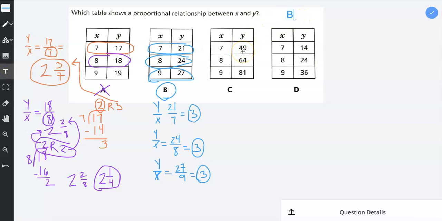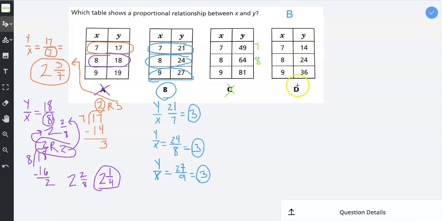If you want to just think about the others really quick, y divided by x, think about it. 49 divided by 7 is 7. I guess I should go to the scribble tool. 64 divided by 8 is 8. So it's not C because the unit rate was 7 and then it changed to 8.